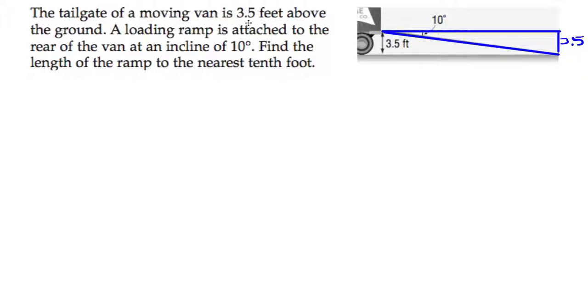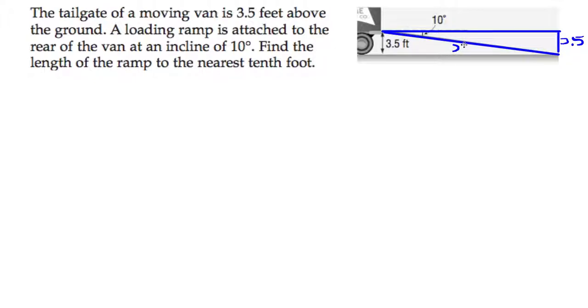It says this tailgate of a van is 3.5 feet. That's my vertical distance above the ground. The loading ramp, which in this case is the hypotenuse, has an angle of depression of 10 degrees. We want to find the length of the ramp, so that's the hypotenuse.